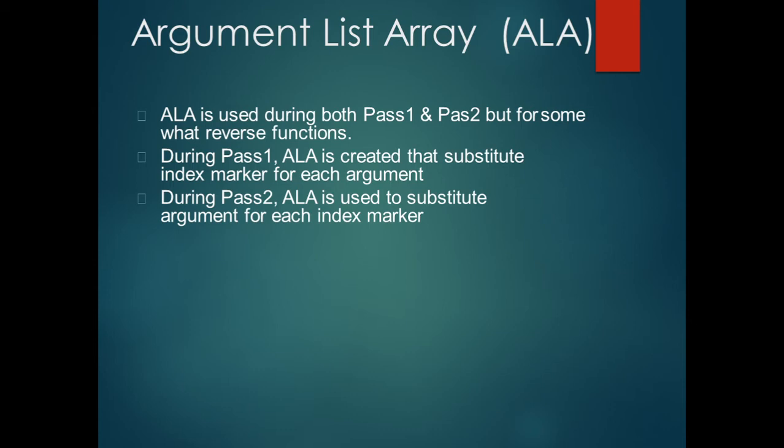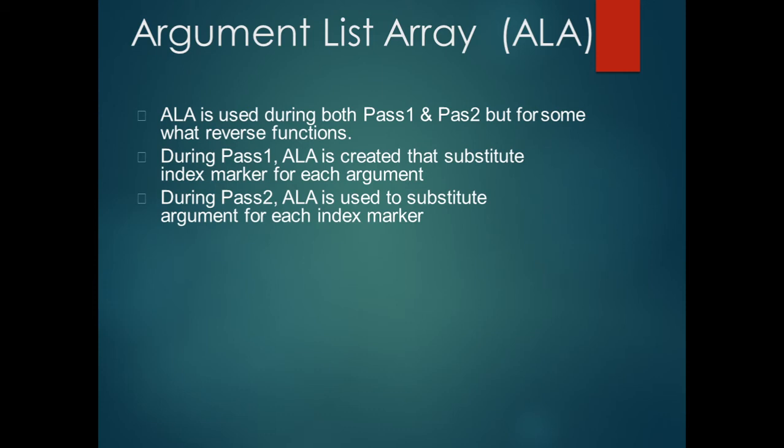But during pass 2, ALA is used to substitute arguments for each index marker. I request you to view my earlier videos where I already explain the working of pass 1 and pass 2. There you can see the exact use of this argument list array.